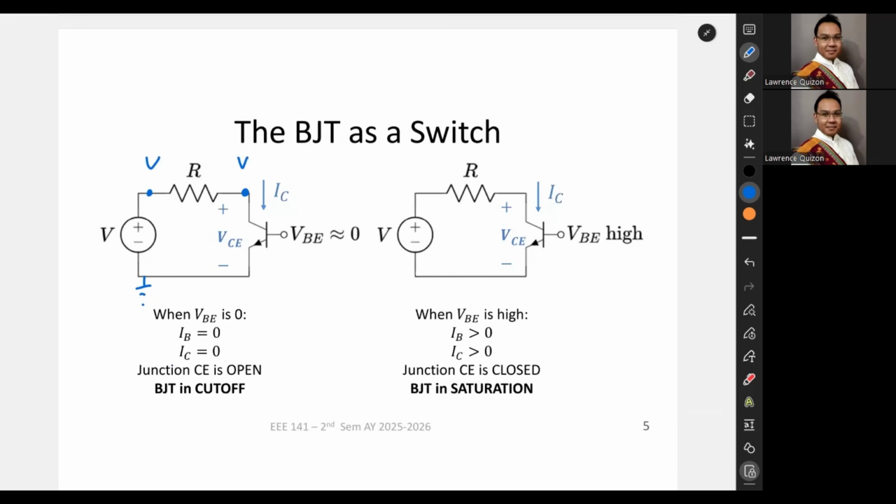And then for a BJT switch with VBE high, IC is allowed to be anything. So practically, if VCE is close to zero, then the current across the switch is about V over R, assuming that VCE is zero. Practically it's not, pero for the operation of a BJT as a switch, this is good enough.